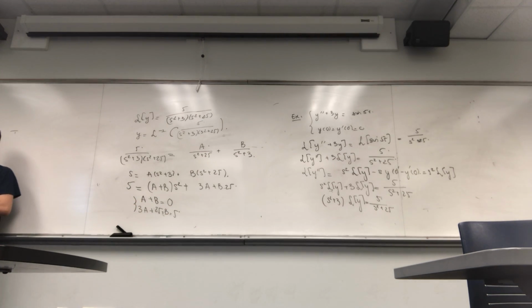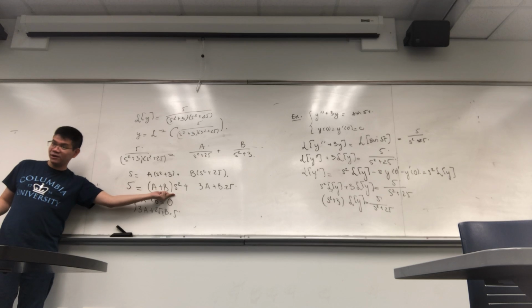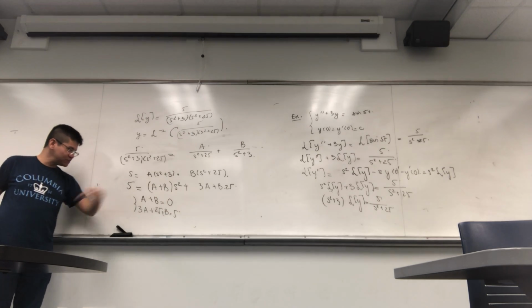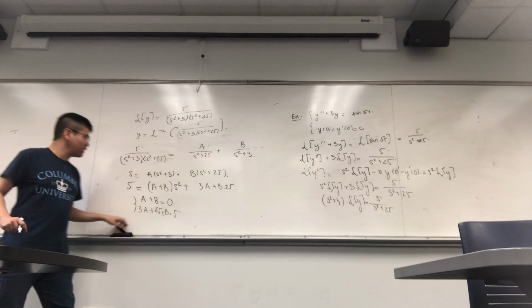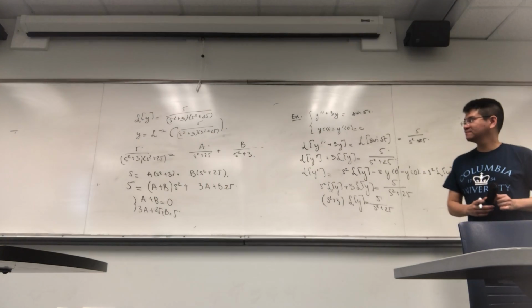It's clear? Because on the left hand side I don't have s squared, but on the right hand side I have s squared. So this coefficient has to be 0, and the other term is 5.